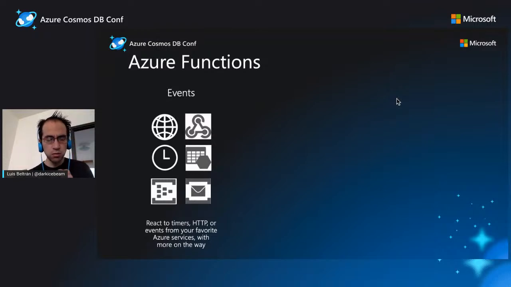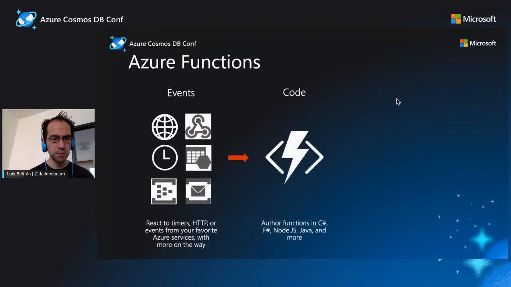Maybe when your users upload a picture into blob storage, you want to execute some code for analysis or something else. So, okay, you set up an event, or you know about an event. Then you write your code.